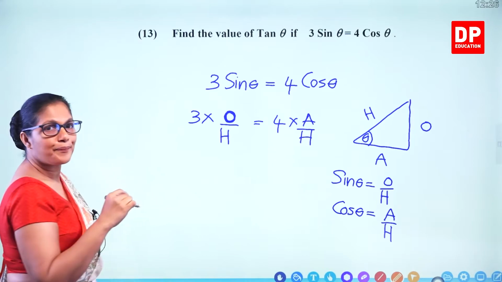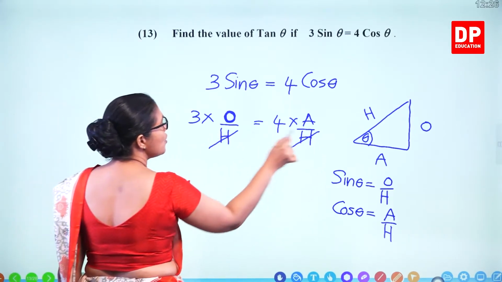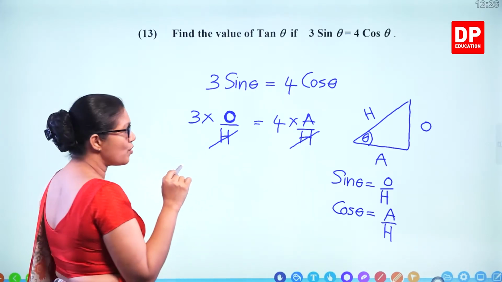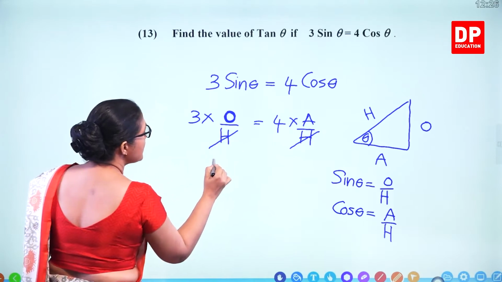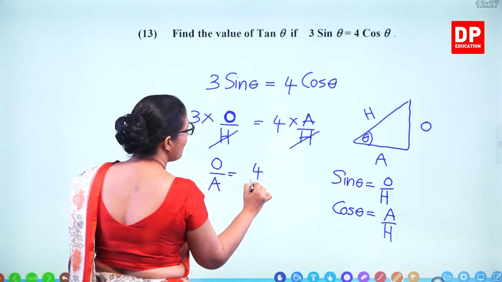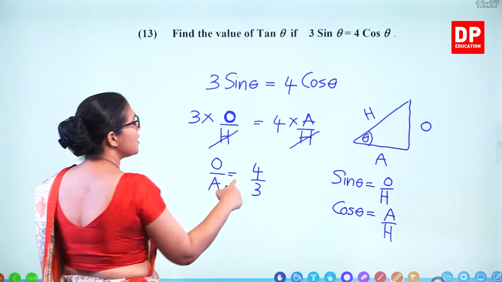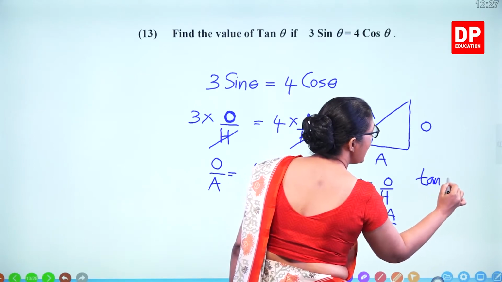Can you see? Hypotenuse and hypotenuse get cancelled out, and you get opposite over adjacent is equal to 4 over 3. So what is opposite over adjacent? That's tan theta.